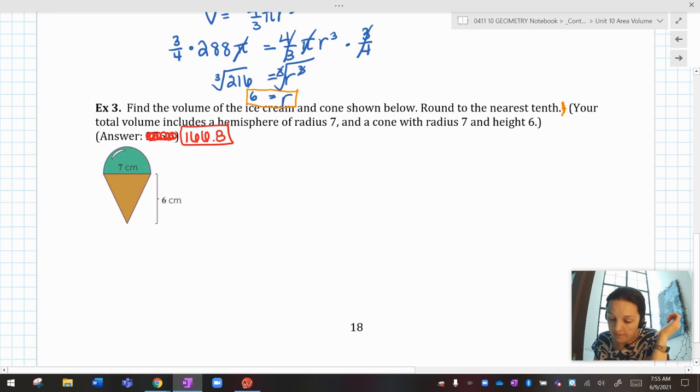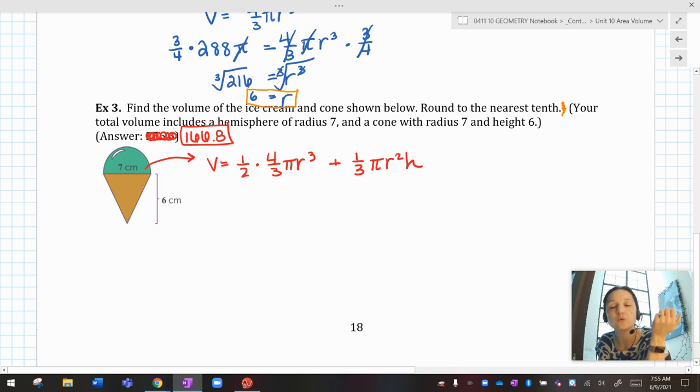How did I come up with that? Well, let's see. If I have this ice cream cone, I know I have a hemisphere, which is half of a sphere. So that's 1/2 of 4/3 pi r cubed. And then I also have a cone whose volume is 1/3 pi r squared h. So I'm writing out the formulas before I go. And let's see here. 1/2 times 4/3 is really 2/3.